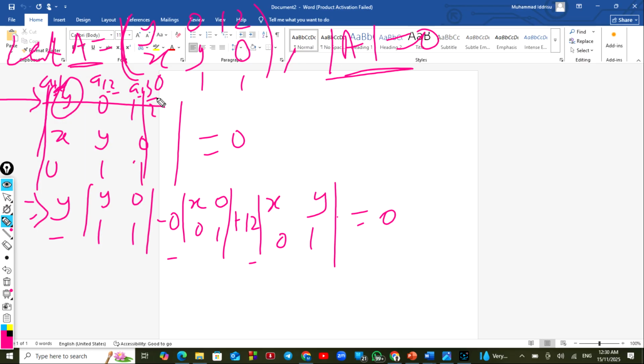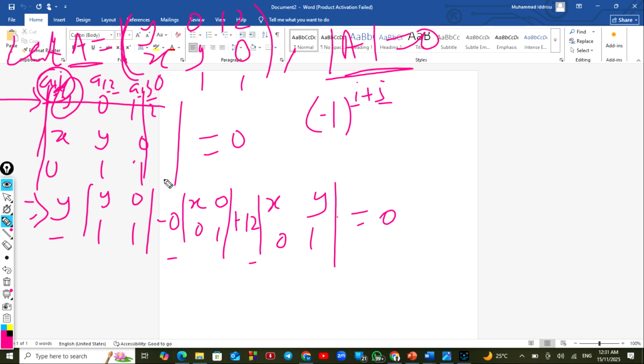To determine the cofactors, the cofactor of the entry a11 will be -1 to the power i plus j, where i is the row and j is the column, multiplied by the minor of a11.